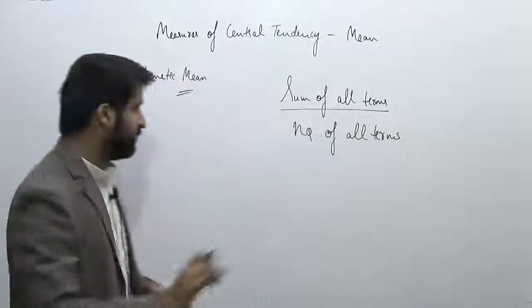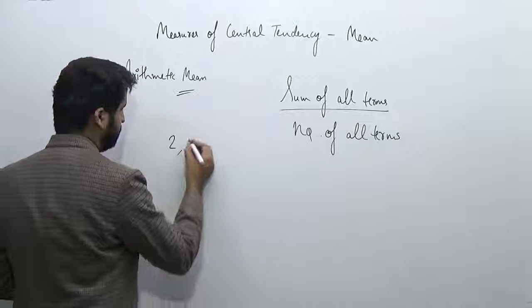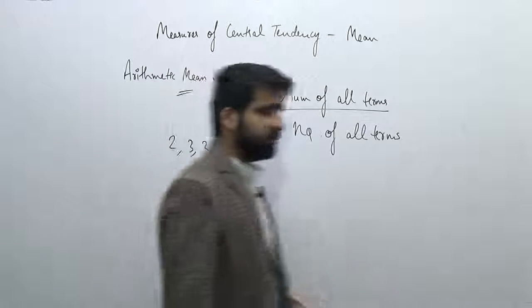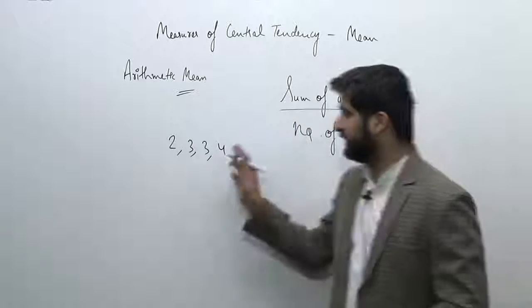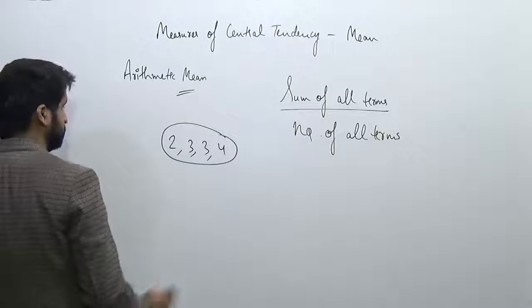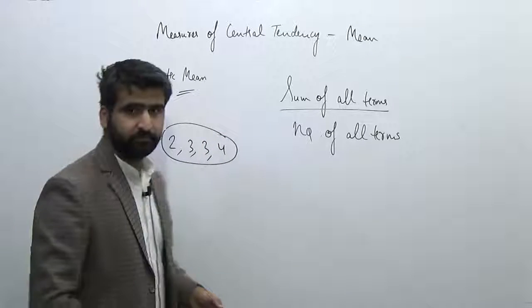Let's suppose I have 2, 3, 3, 4. So I have 4 terms, which are 2, 3, 3 and 4. Now I want to see what the average of this data is. Mean is the other word for average only.